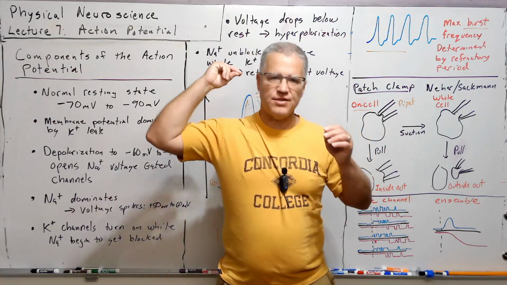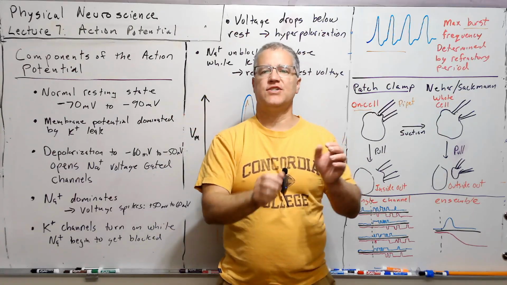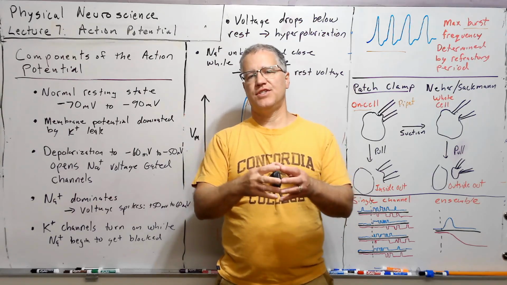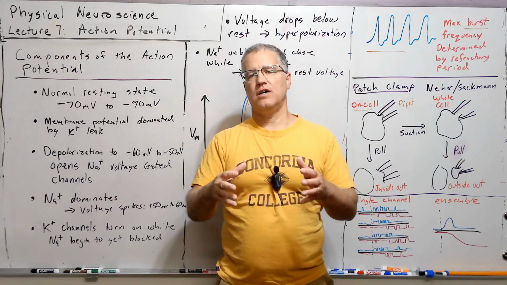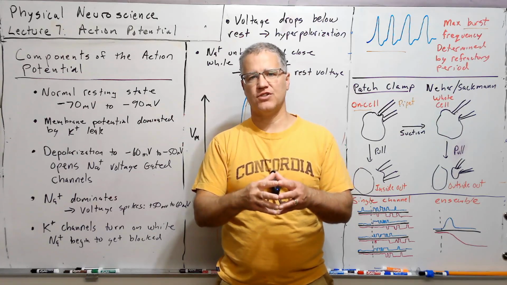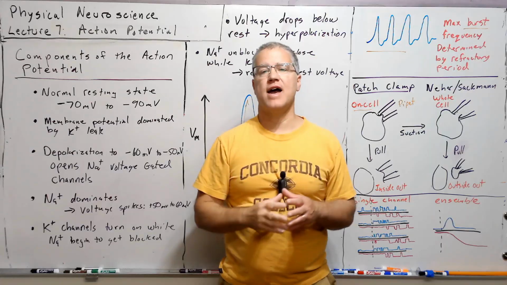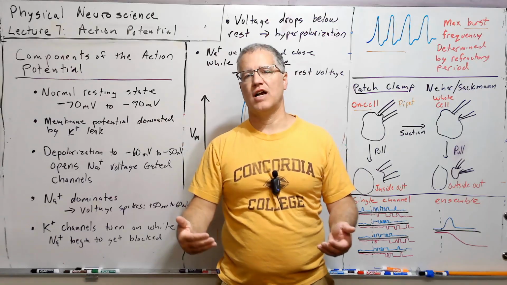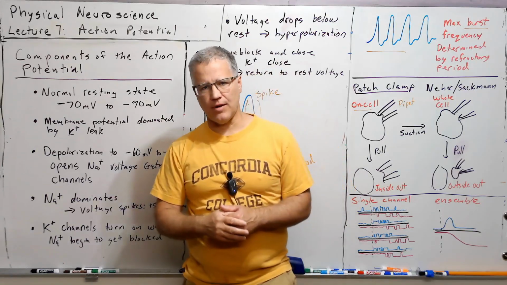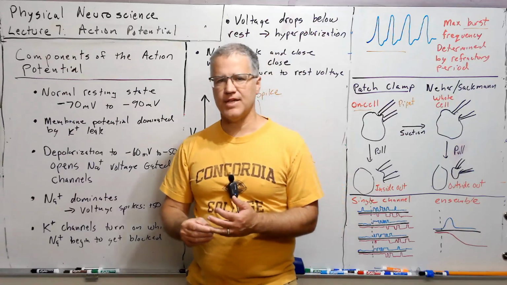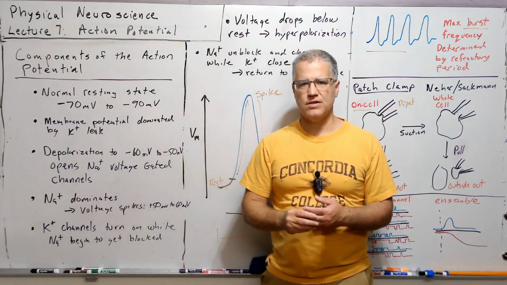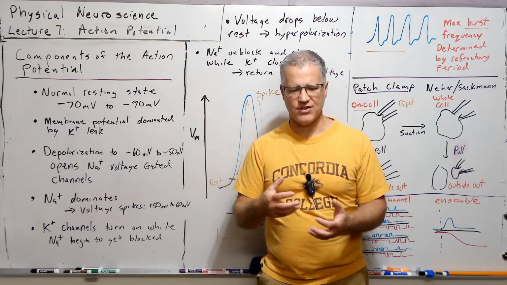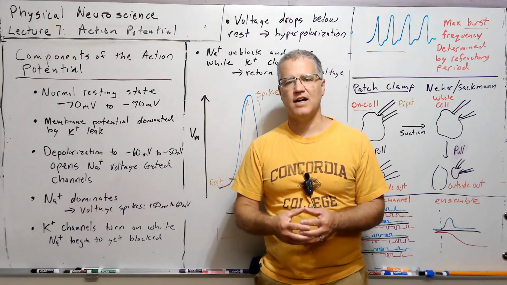Once it hits threshold, something fundamentally changes. The ion channels that were closed are now open. So there's this active component of the action potential, which allows it to have this dramatic spike. It's what is called a highly nonlinear process. So we'll dig into a mathematical model for that next time, and then we'll dig into the proteins and molecular structure that make all this happen as we move forward.